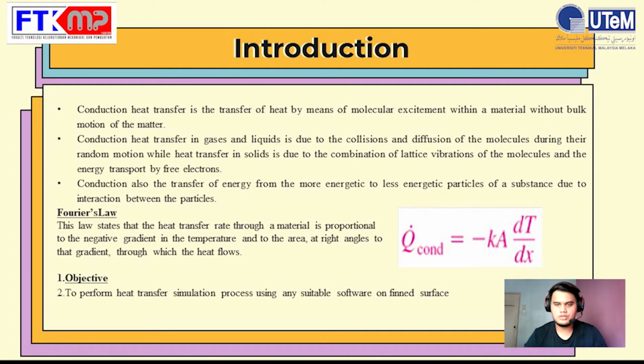The formula of conduction heat transfer is Q conduction equals negative k A dT over dX. k is the coefficient of conduction, A is the area, dT is delta T, the temperature difference, and delta X is the thickness of the material.